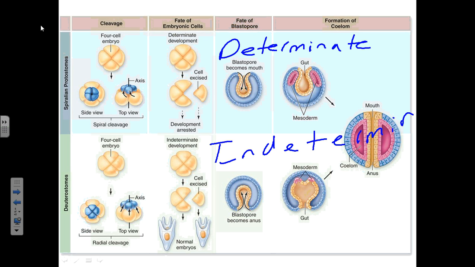Also remember that the protostomes are things like segmented worms, annelids, arthropods, insects, and mollusks, things like clams and slugs. Whereas the deuterostomes are all the vertebrates, chordates, and also the echinoderms like starfish.